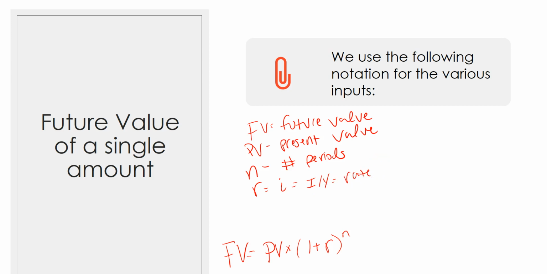So the future value is equal to the amount initially deposited times 1 plus the rate raised to the number of periods. So in that Fred example, our future value is equal to the 100 we initially deposited times 1 plus the 8% we were earning raised to the number of years, to give us $116.64.